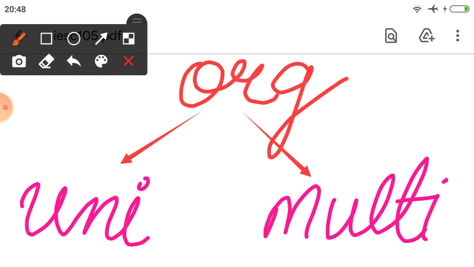Here it is. Uni and multi. Unicellular, multicellular. Uni means only one, multi means more than one.